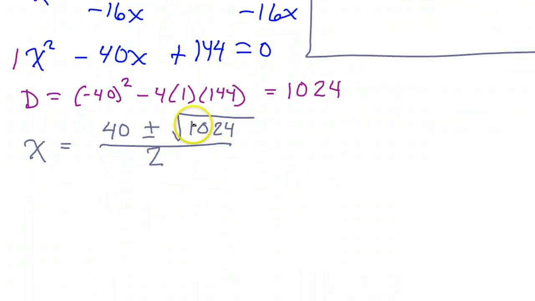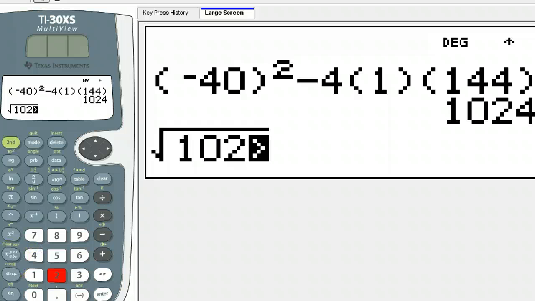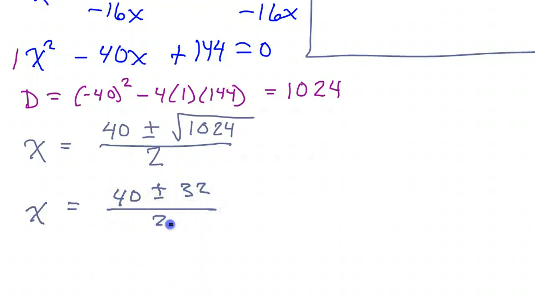Okay, let's just evaluate the square root of 1024 real quick. The square root of 1024 is 32. Okay, that was a perfect square. So I get x equals 40 plus or minus 32 over 2.